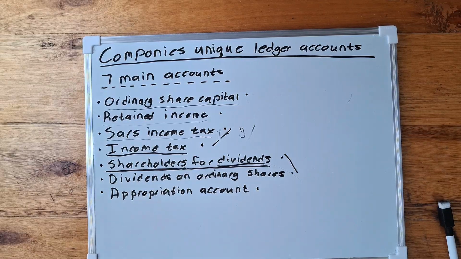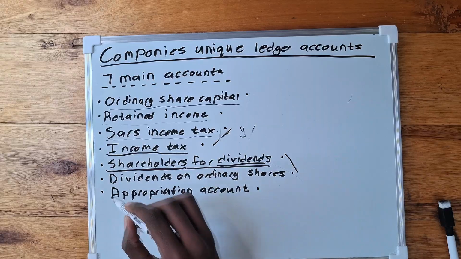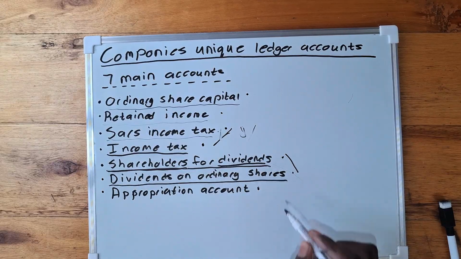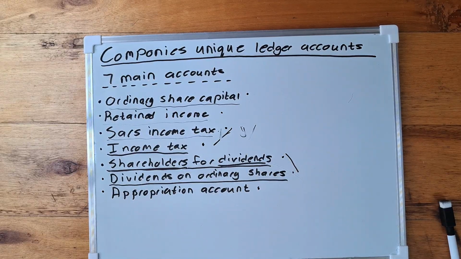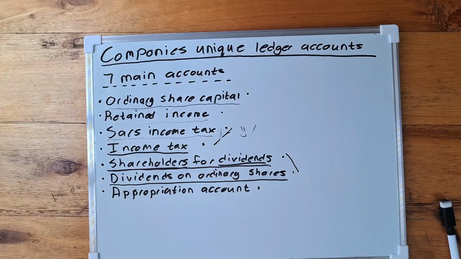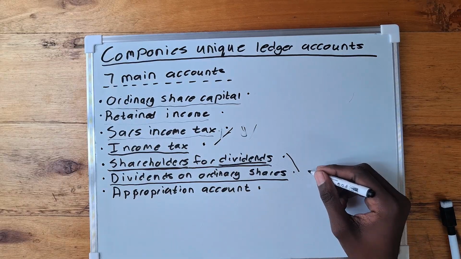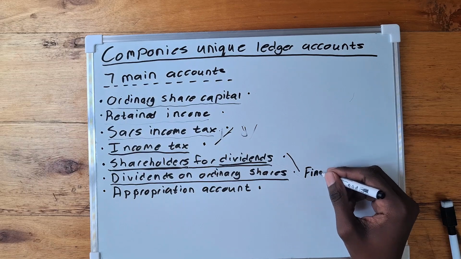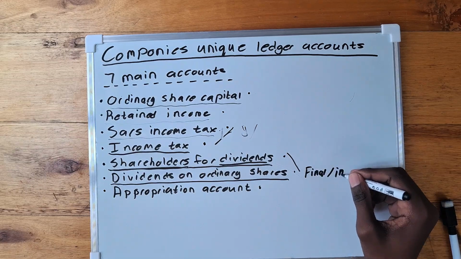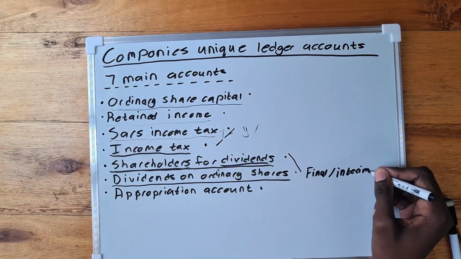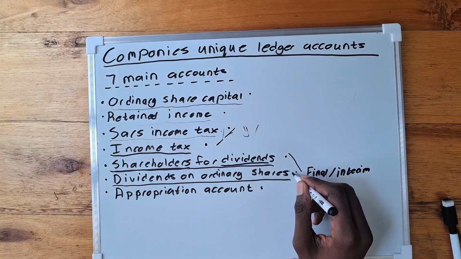Then you've got your dividends on ordinary shares. This one records every single dividend payment that is made to shareholders. So if we pay a final dividend or an interim dividend, you can expect it to be recorded in this account.